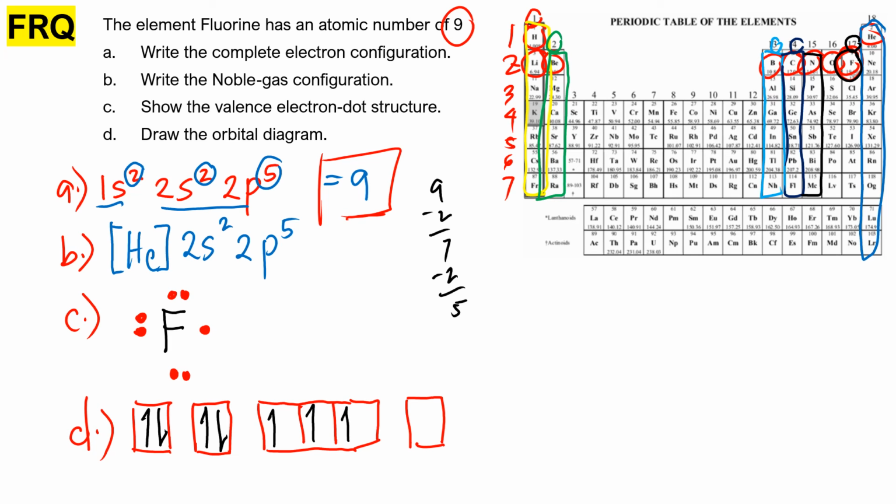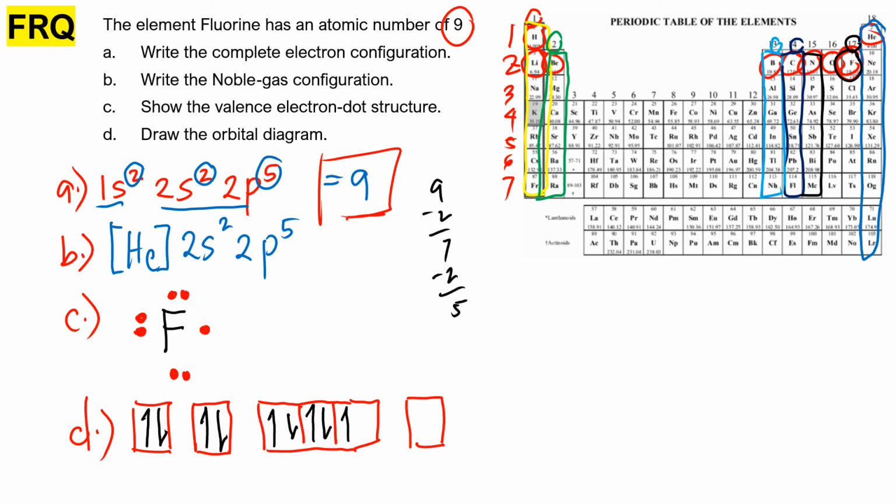With that, we are following Hund's rule, that we distribute the electrons first in the same sublevel because they possess the same energy. So we have 3, and then we move down, which is when we can pair the spins. So we have 5 already. And that is the complete orbital diagram of fluorine, which has an atomic number of 9.